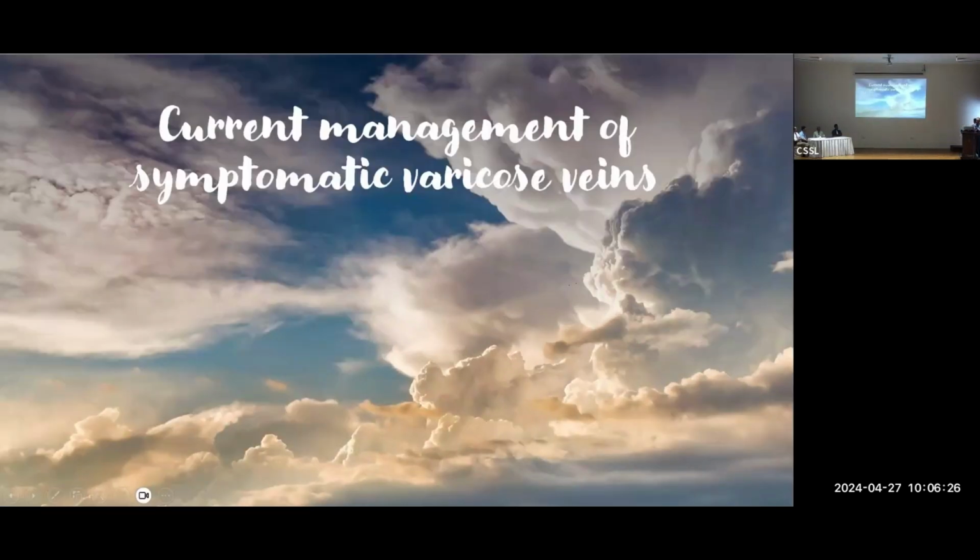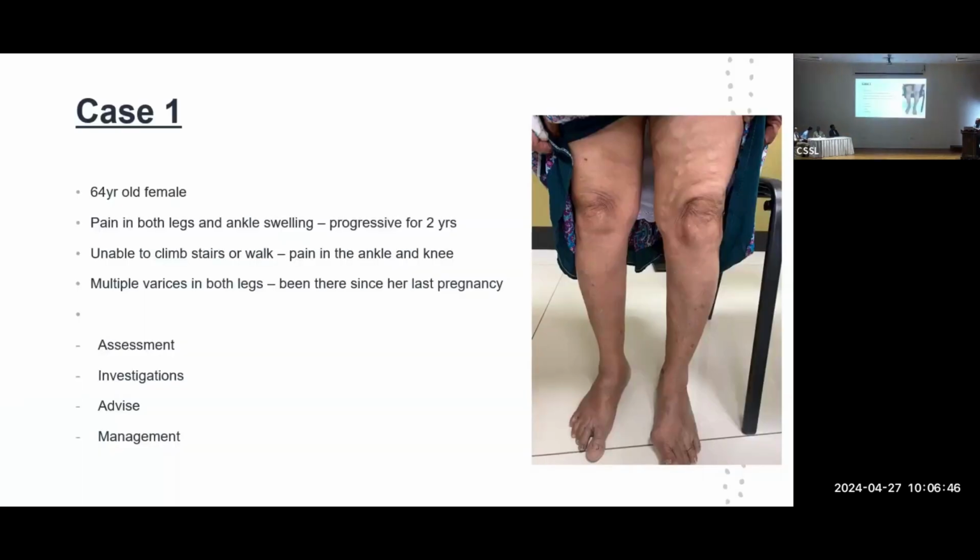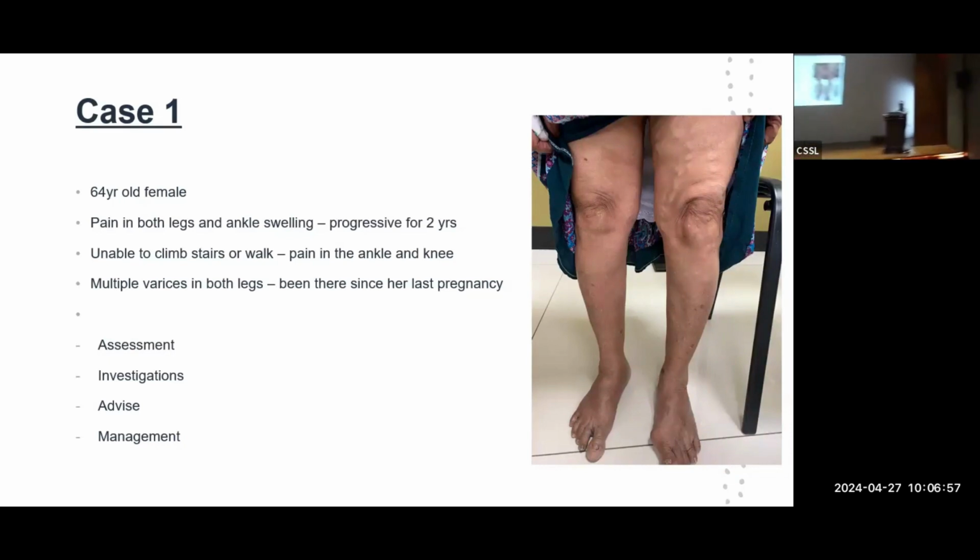Okay, so this is just a collection of 3 or 4 cases. We are just going to put what we discussed in the last 1.5 hours into practice and see how we can use these facts. So, a 64-year-old female with pain in both legs with ankle swelling, progressive for 2 to 3 years.